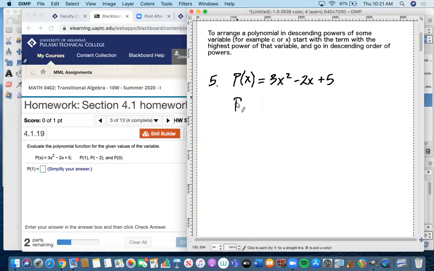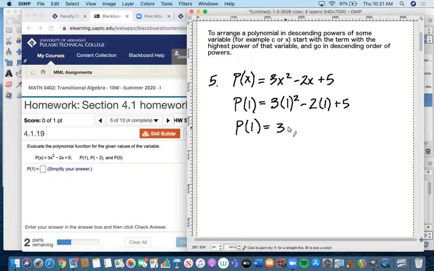So like p of 1. Remember, p of 1 means you put a 1 everywhere you see the x. So 3 times 1 squared minus 2 times 1 plus 5. Now we're just going to evaluate this. This one's really easy because anything times 1 is itself. So 1 squared is 1.